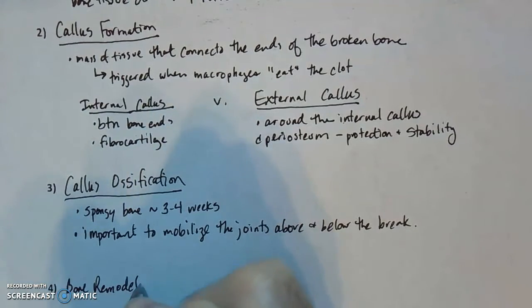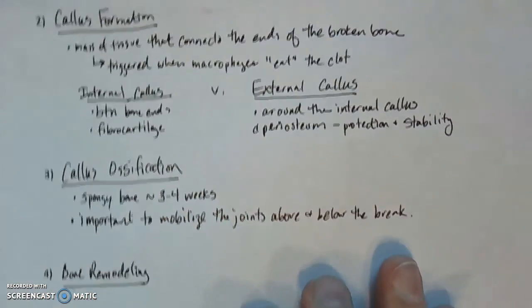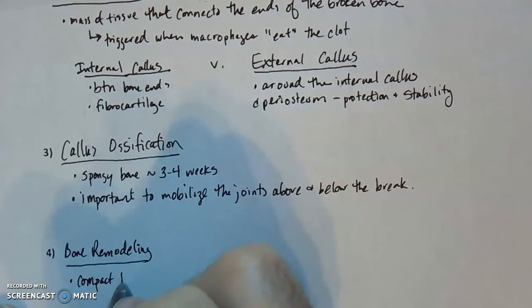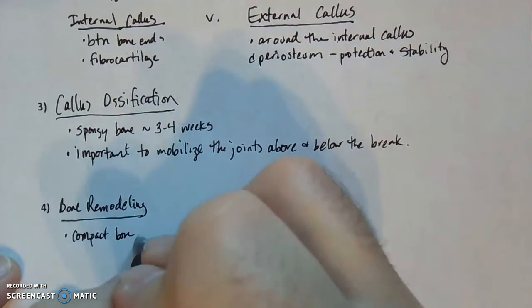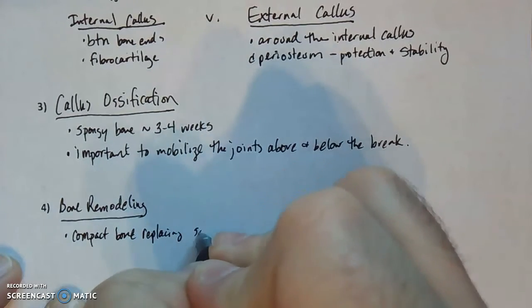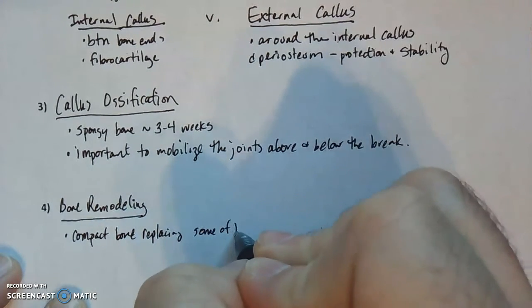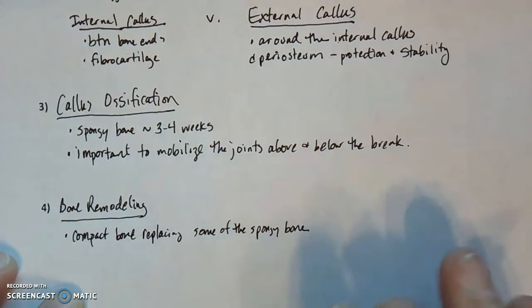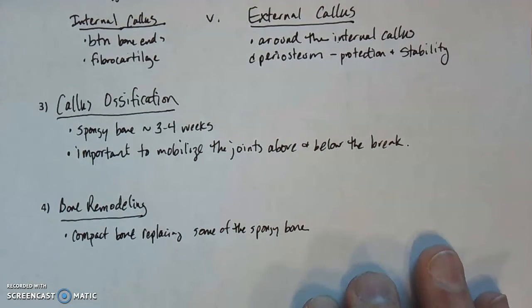So we've covered this bone remodeling, but we have compact bone replacing some of the spongy bone, especially on the outside. So if it is a long bone, we'll end up with the marrow cavity again, and we'll have a little bit of spongy bone, but compact bone will replace it.